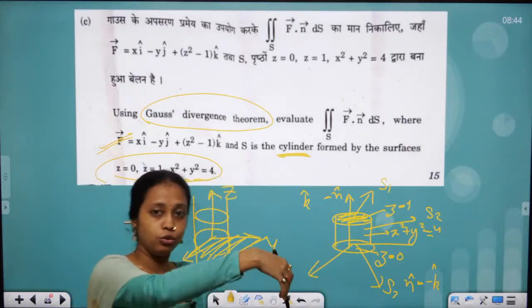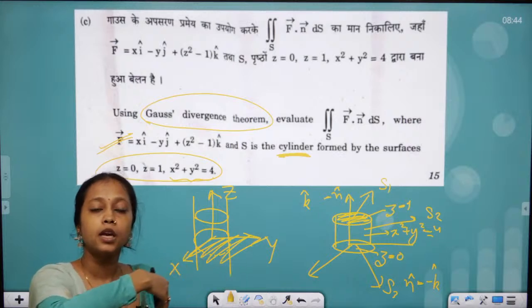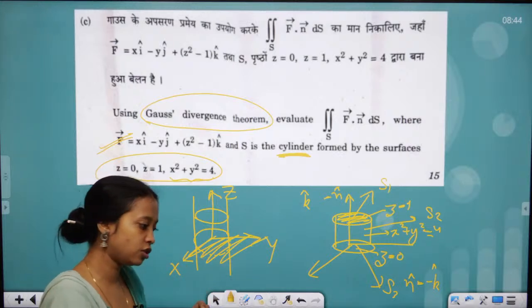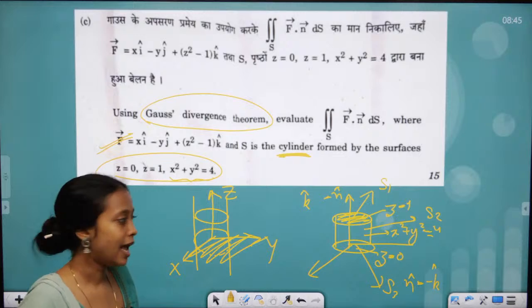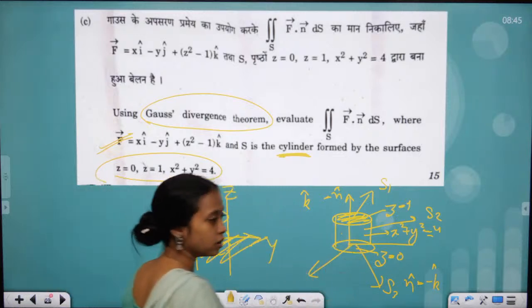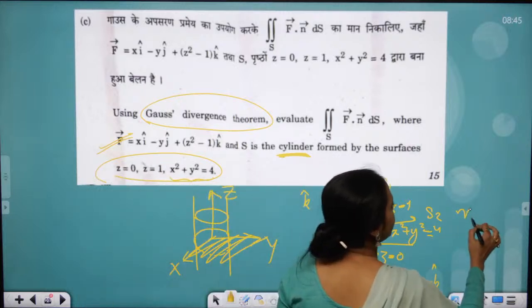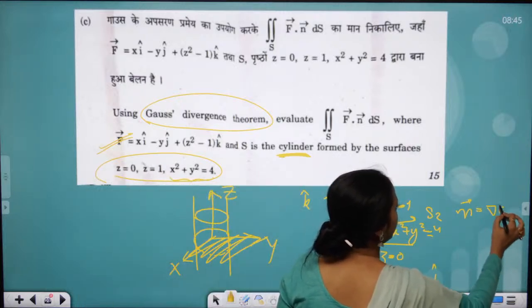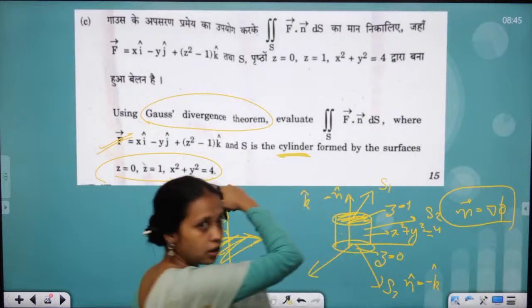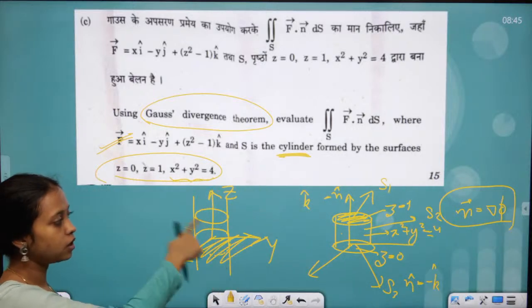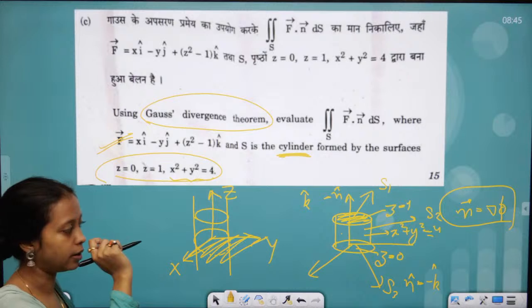But over the curved surface, you can't have a strict perpendicular everywhere. At every point it will be changing. So over there n vector is given by that formula that I did in the curl, that means Stokes theorem.